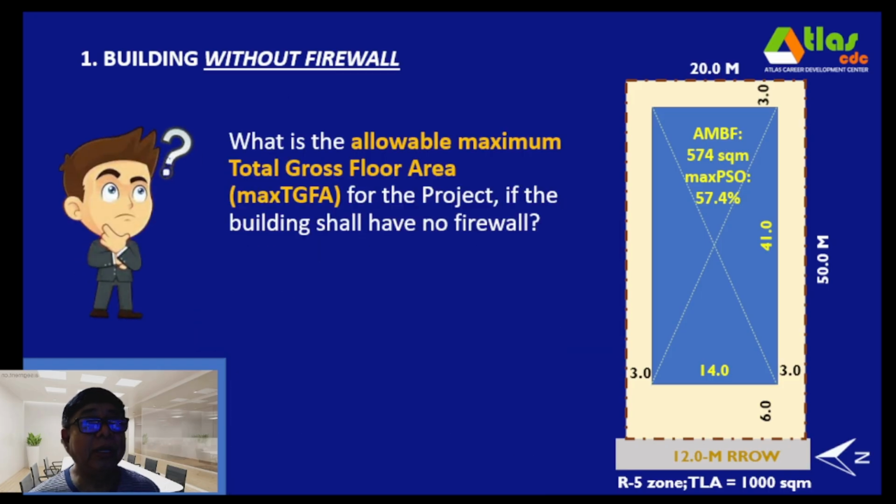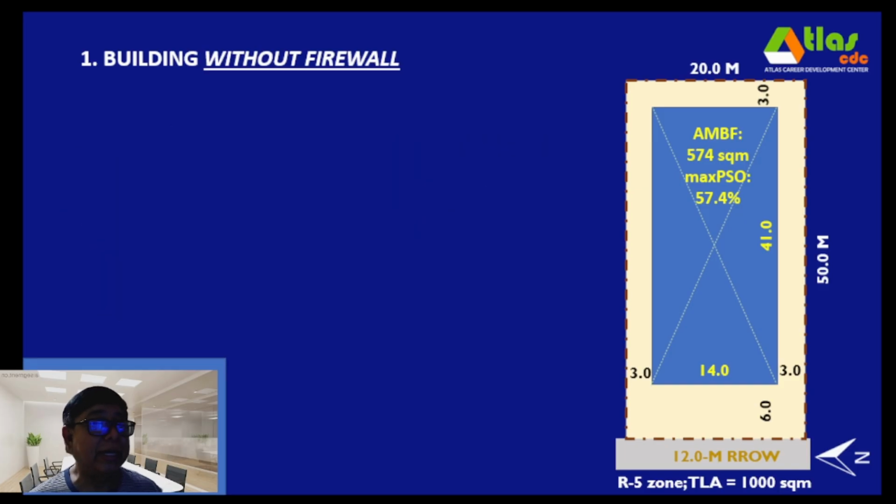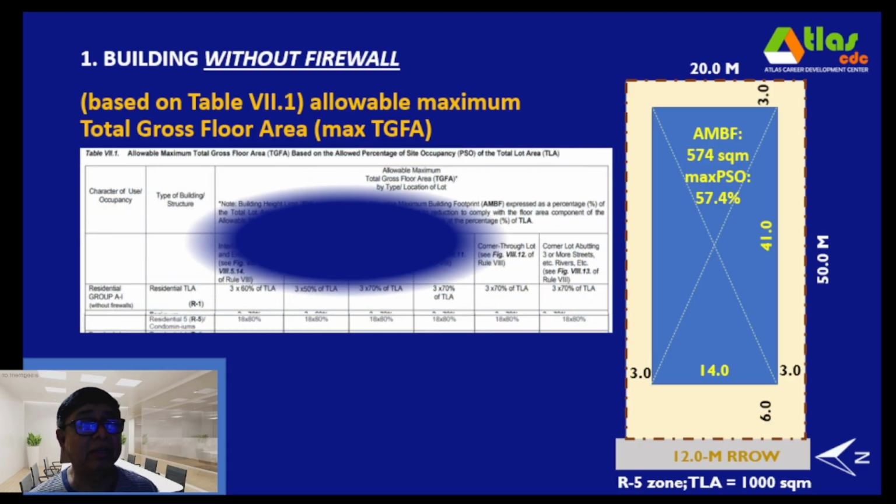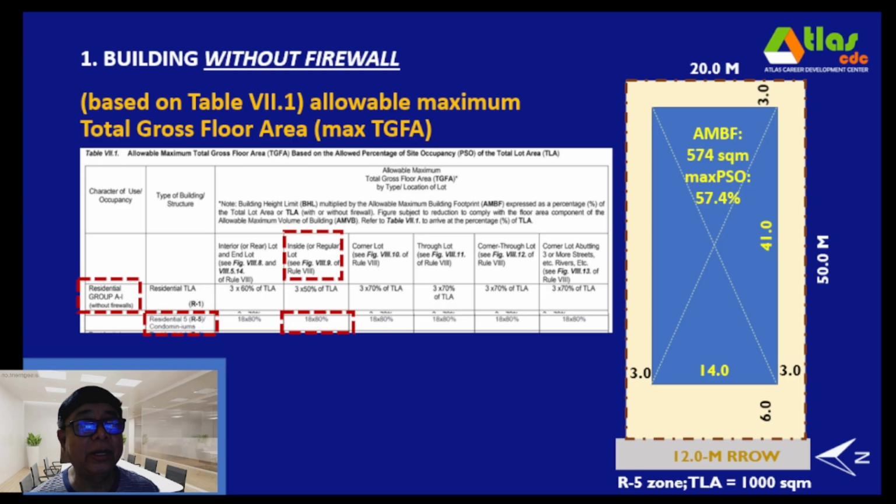So we now go to the computation for the allowable maximum total gross floor area or maximum TGFA for the project if the building shall have no firewall. So meron tayong initial na reference. Our first reference for the maximum TGFA is based on table 7.1 because this is the reference table for the maximum TGFA based on the allowed percentage of site occupancy.